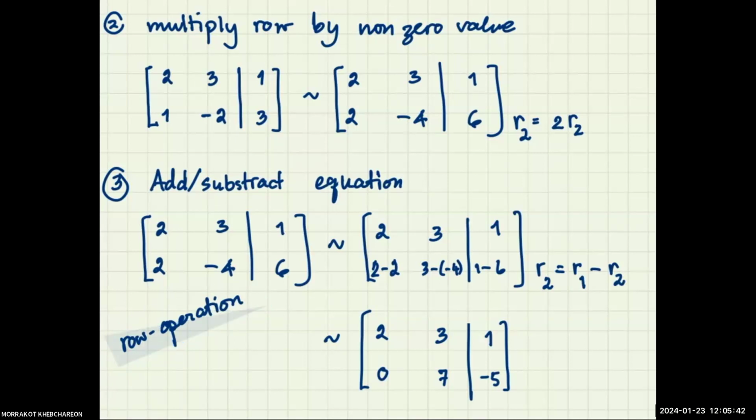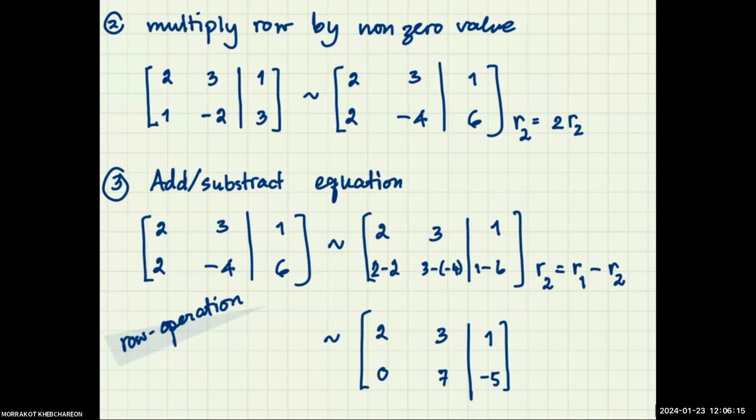I don't want to give so much vocabulary here, but you operate on the rows by, first, you can interchange the rows. Number two, multiply every row by a constant, non-zero constant. Number three, you can add or subtract any two rows, okay? So this will not change the solution.